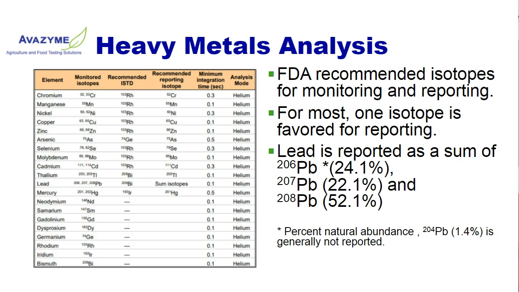In the case of lead, though, we monitor 3 separate isotopes, 206, 207, and 208, and report the sum. There is a 4th isotope of lead, 204, which is typically not monitored or reported due to its low abundance. But this is an ever-changing environment, and the ability to measure these accurately is very important for our customers meeting their regulatory requirements.